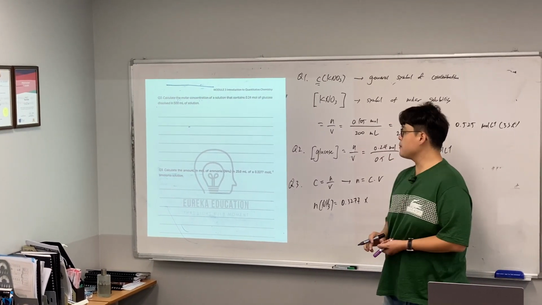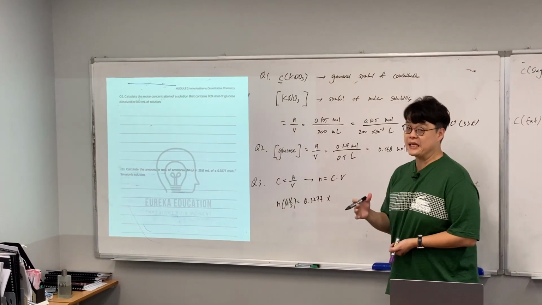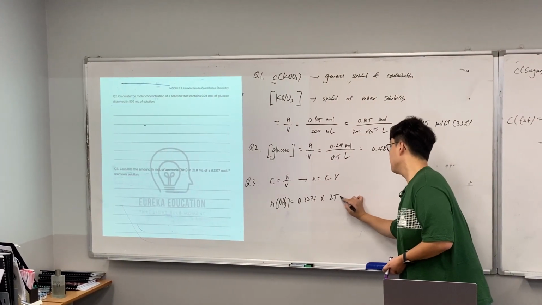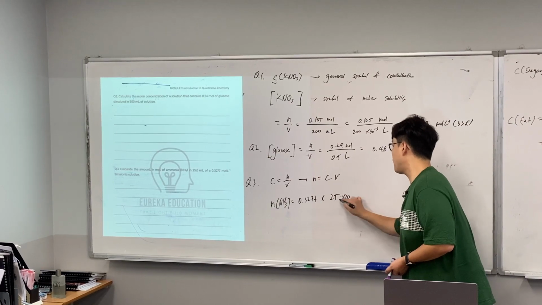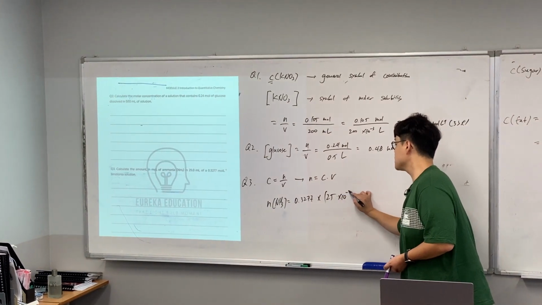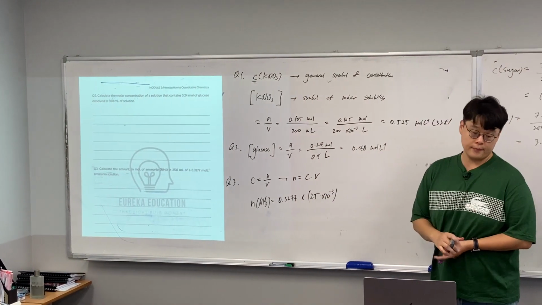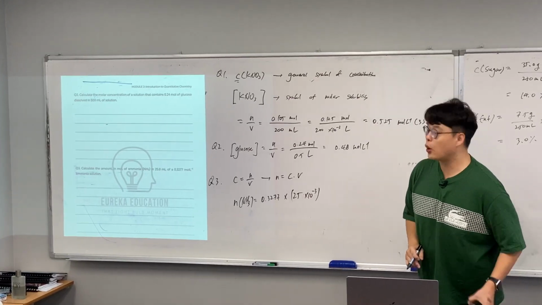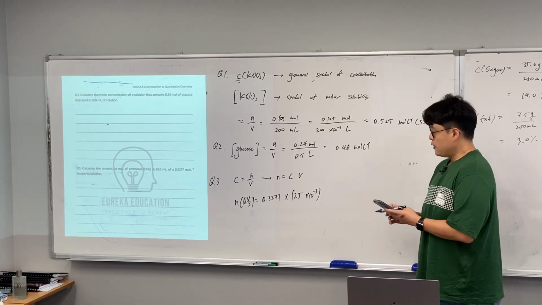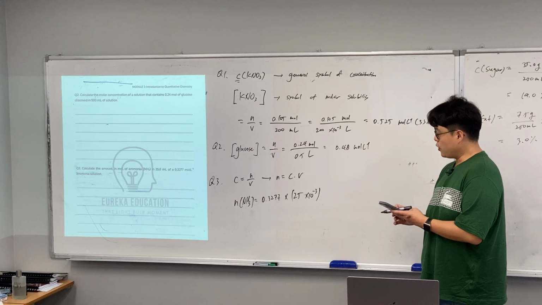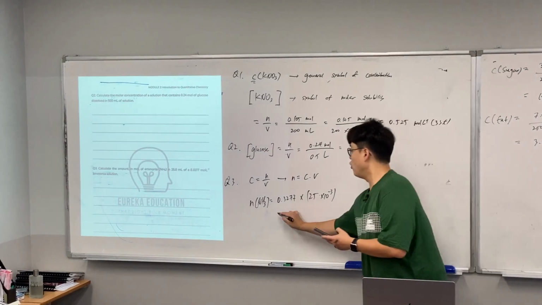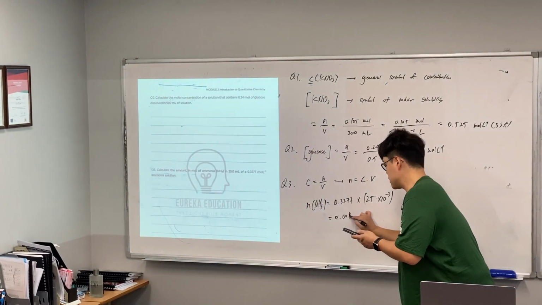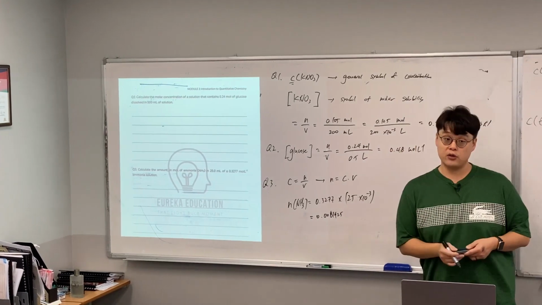0.3277, times the 25 mL in liter form. So 25 milliliters times 10 to the power of minus 3 liters, or simply 0.025. So 0.3277 times 0.025, you'd get 0.008195. This is the exact value that you have.